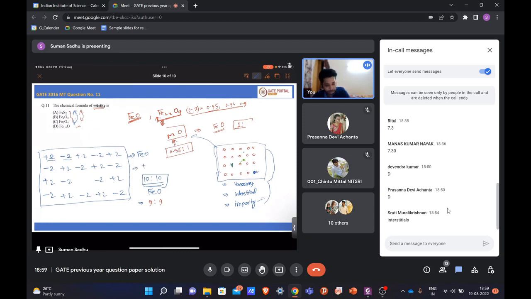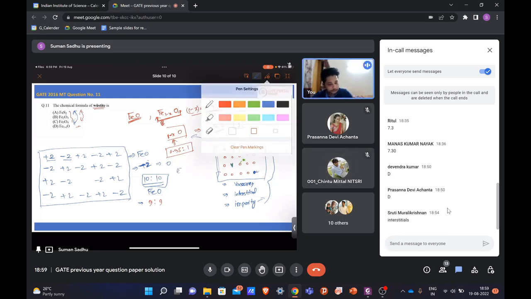You have extra 2 negative charges there, right? So how do we compensate this extra 2 negative charge, how do we make it zero? You have to remove electrons, right?